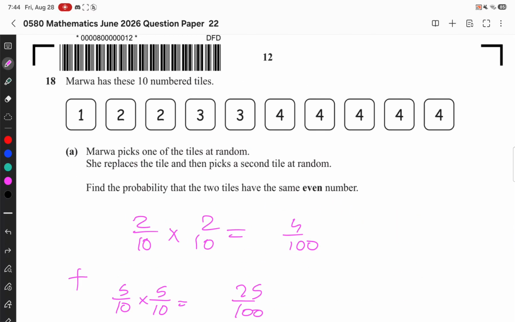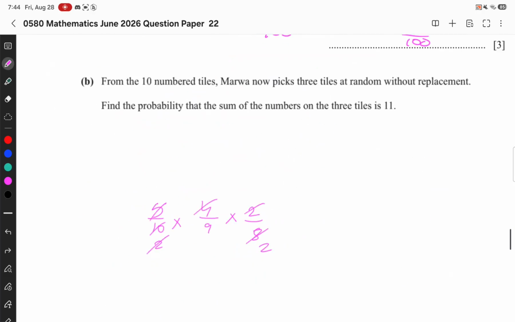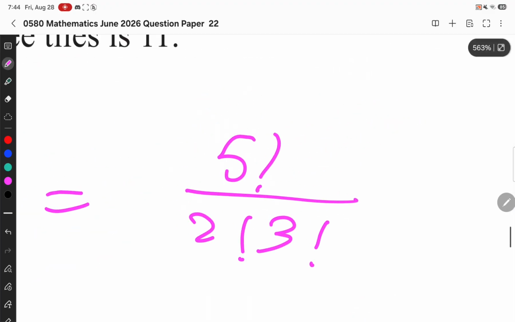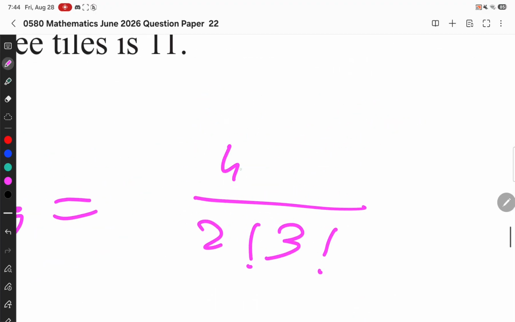Let's look at these carefully. We can choose the 4 tiles how many times? So 5 choose 2 is equal to 5 factorial over 2 factorial times 3 factorial. We can choose this 4 factorial, 5 times 4 times 3 factorial.